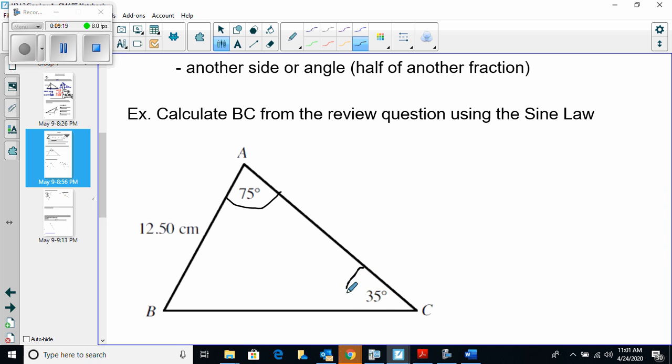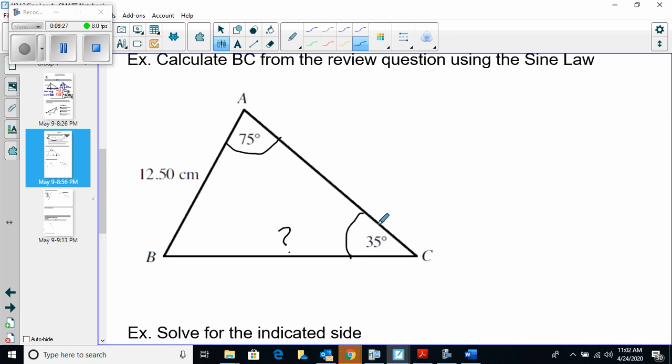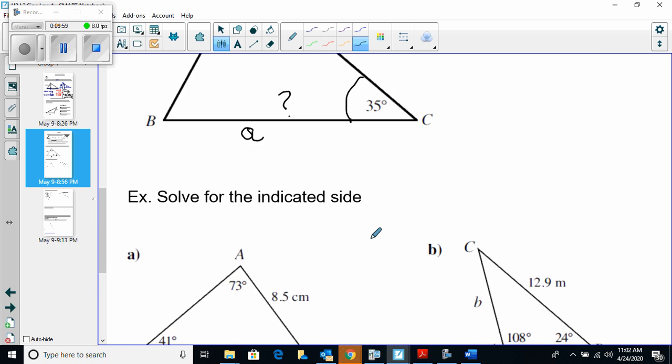Another angle here is 35 degrees, and we are looking for BC. What we know is the length of AB, which is opposite of angle C, and what we look for is A, the side opposite of angle A, 75 degrees.